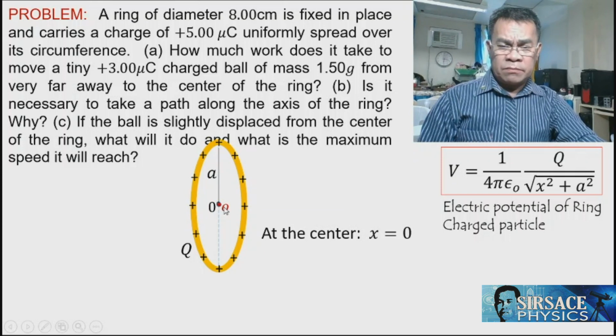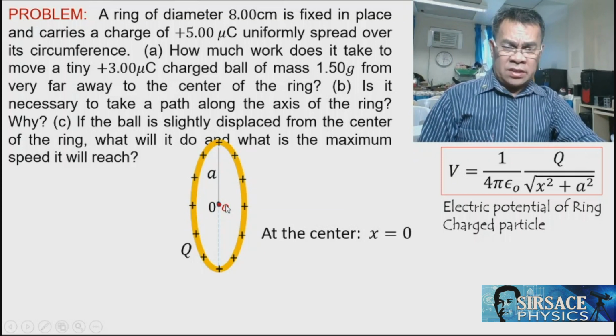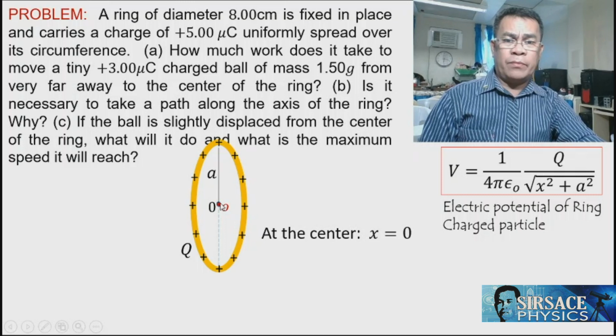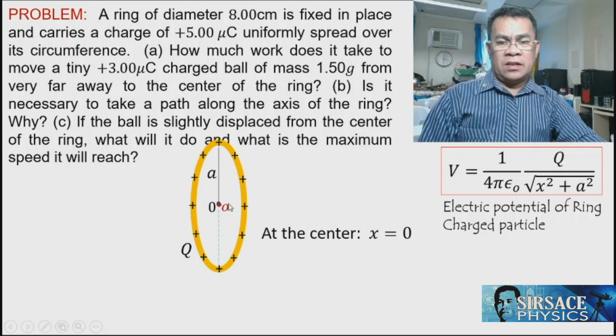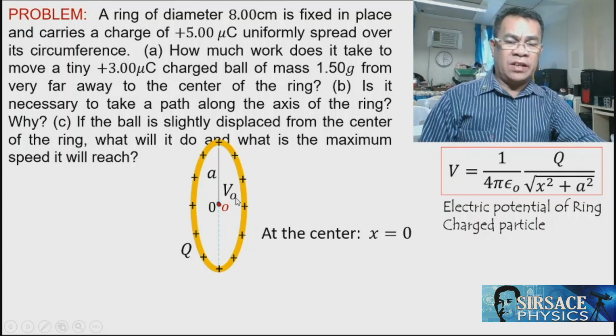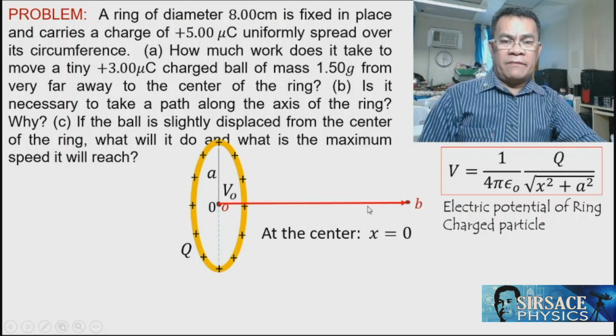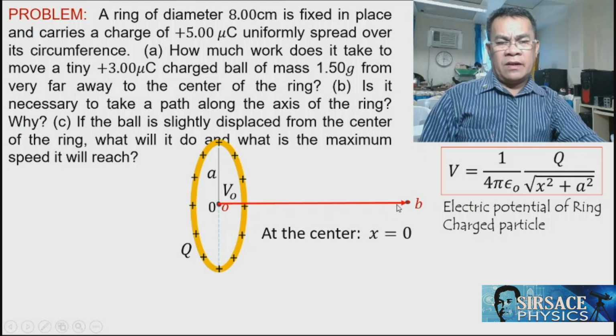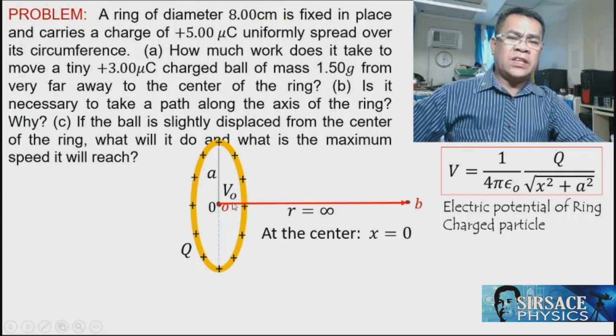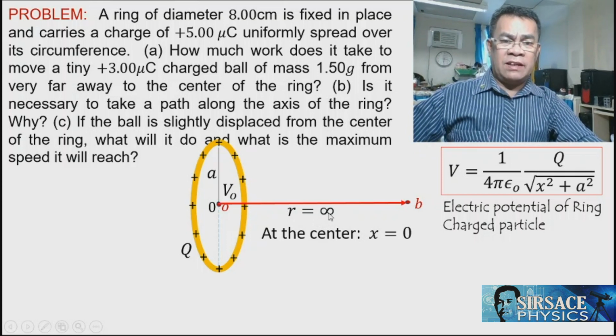This is our point, which we call point O. This is the final velocity, which we call V naught. Then, at a far away distance, we have point B. Far away distance means that R, the distance from the center of the charge, is infinite.